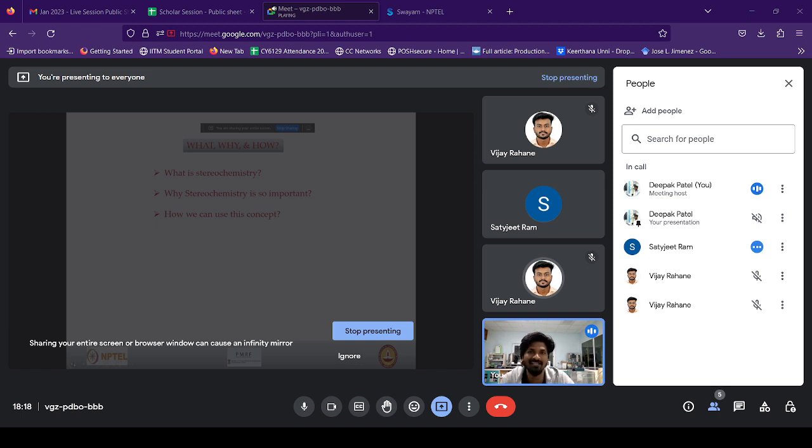Before starting, even in research or daily life, you should ask questions like what, why, and how. We should always question and answer ourselves: what is stereochemistry, why is stereochemistry so important, and how can we use this concept in our day-to-day life and to solve other problems.